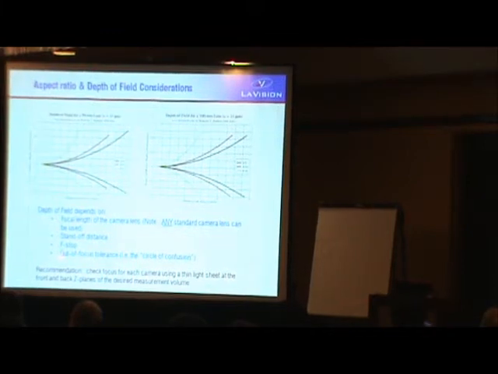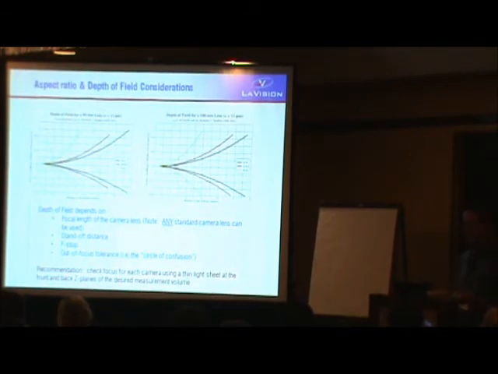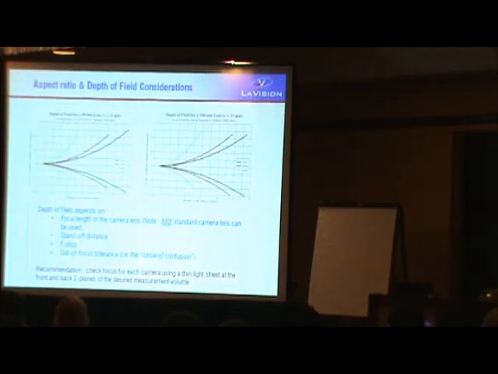Also, where is the edge of your depth of field? This is determined by your tolerance for how out of focus a particle on an object can be, and this is sometimes dubbed the circle of confusion. I love that term. One thing to note when looking at these two examples, a 50 millimeter lens on the left and a 100 millimeter lens on the right, is that the ratio of the area to depth of field is a constant.